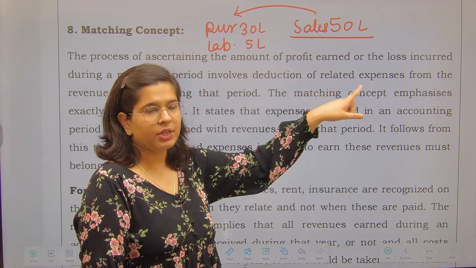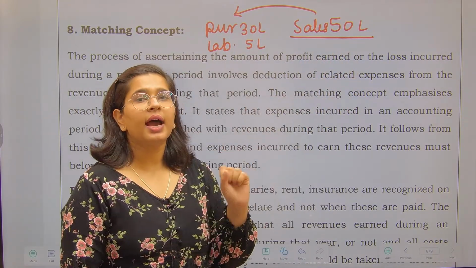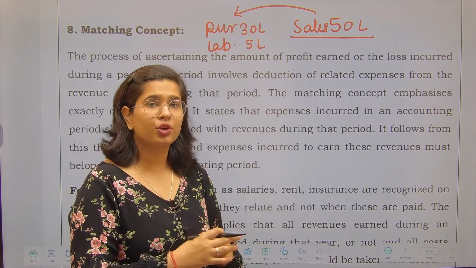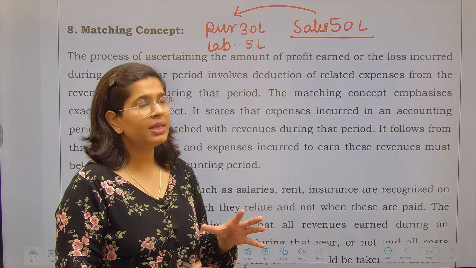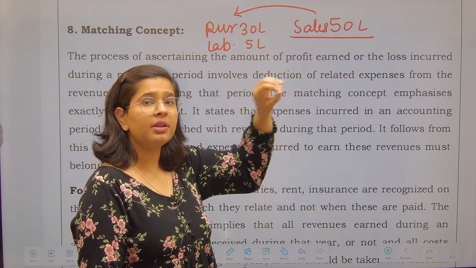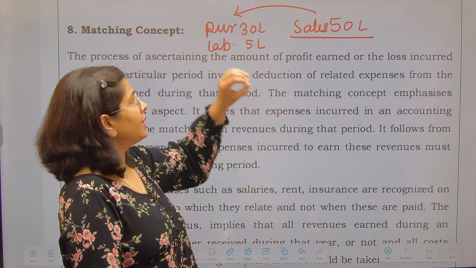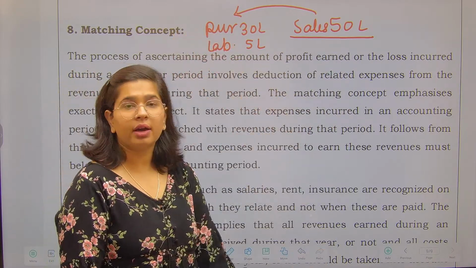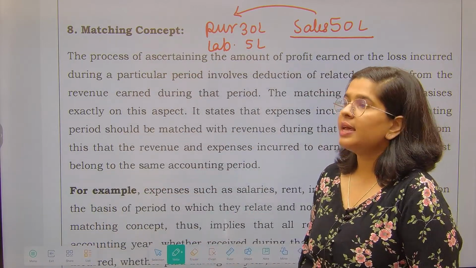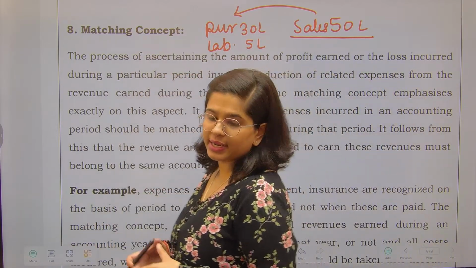So these are the expenses that I have incurred to earn this particular revenue. ठीक है? So in an accounting period, the expenses and incomes should be matching. Matching means जो भी income आपने लिखी है, whatever income you have written, please display what expense you have incurred to earn that particular income. ठीक है? Suppose I have earned the interest income.